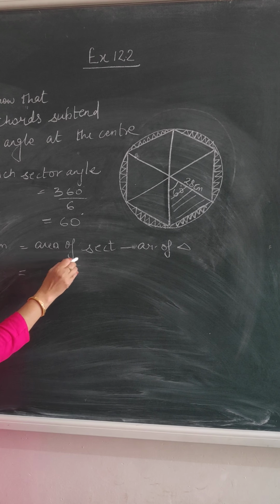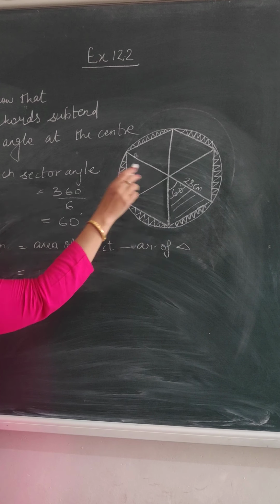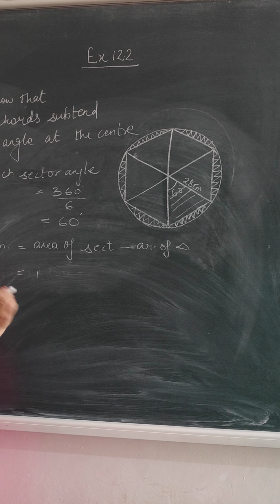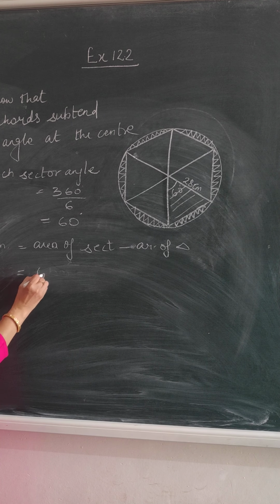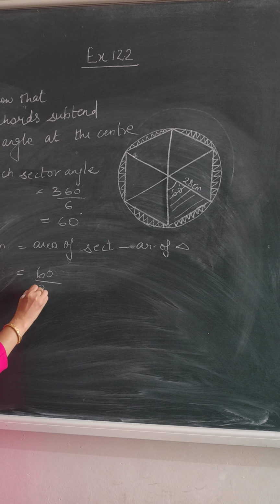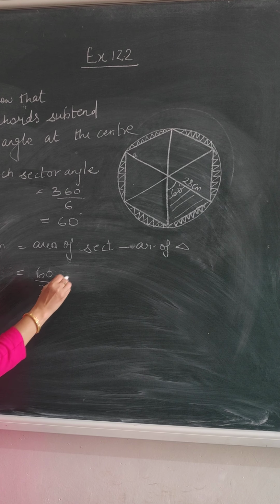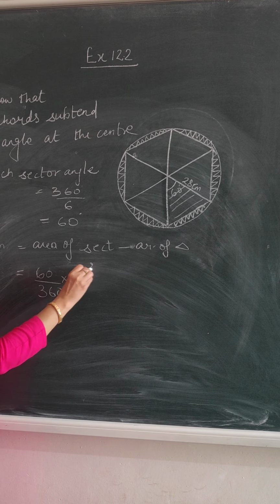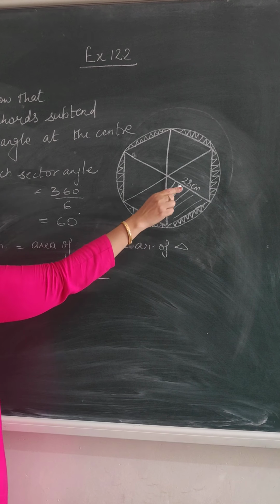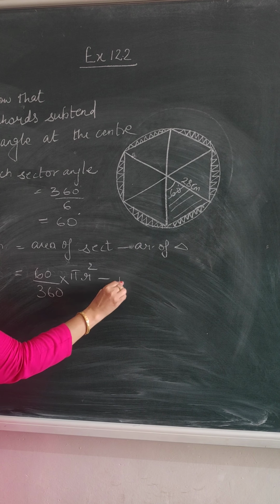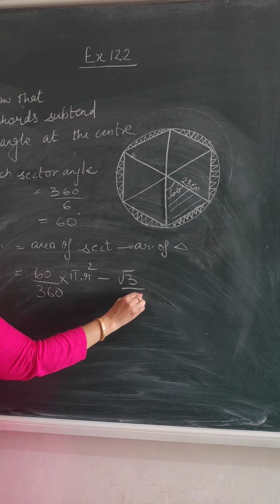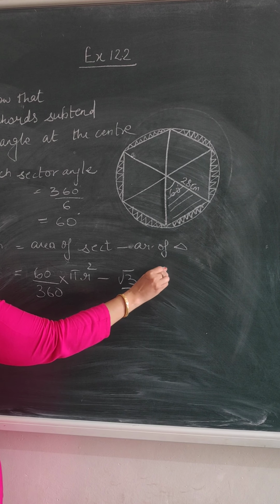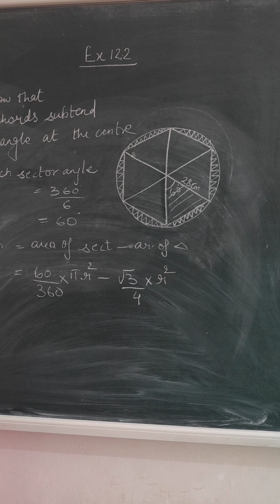अब जो ये सेक्टर है ये 1/6 है, तो I can write this as 1/6 pi r square, or else you can also write this 60 by 360 into pi r square minus, as this is forming an equilateral triangle, so root 3 by 4 a square. Here a is radius, so I have written r square.